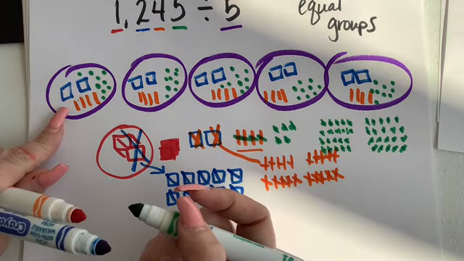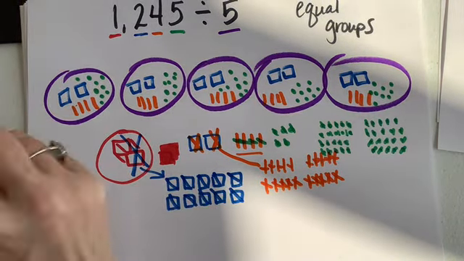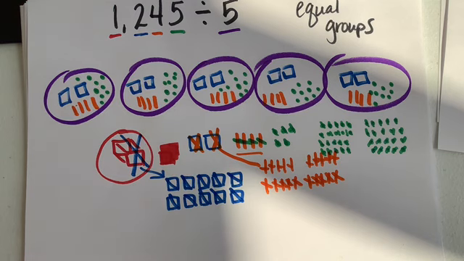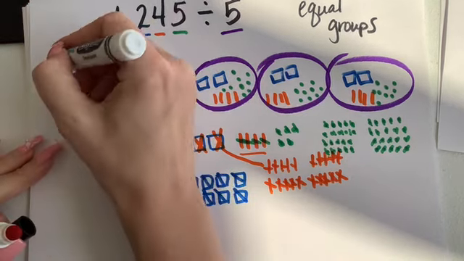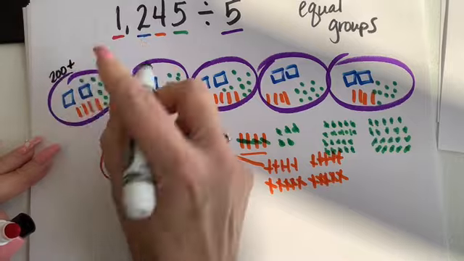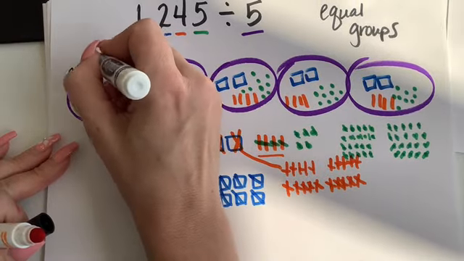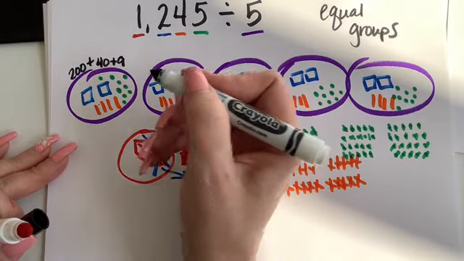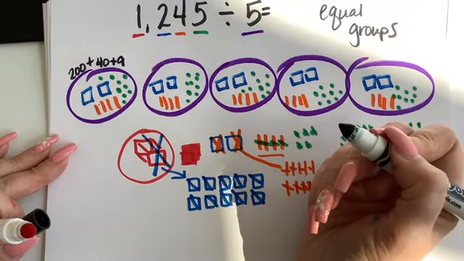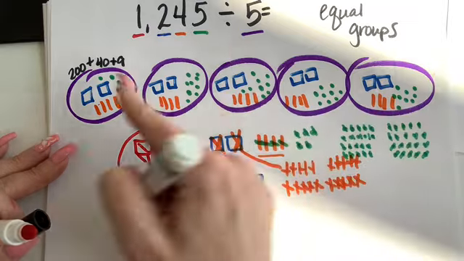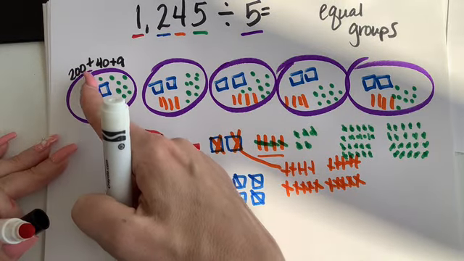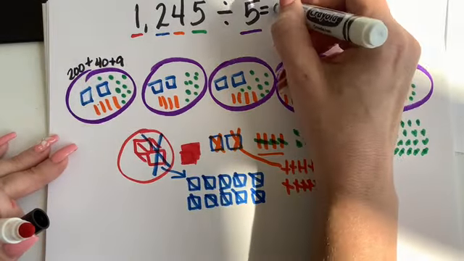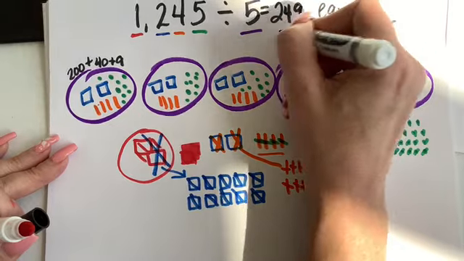So perfect. So I have shared equally with 2 hundreds, 4 tens, and 9 ones. So that means that each one of our groups has 249 in it.